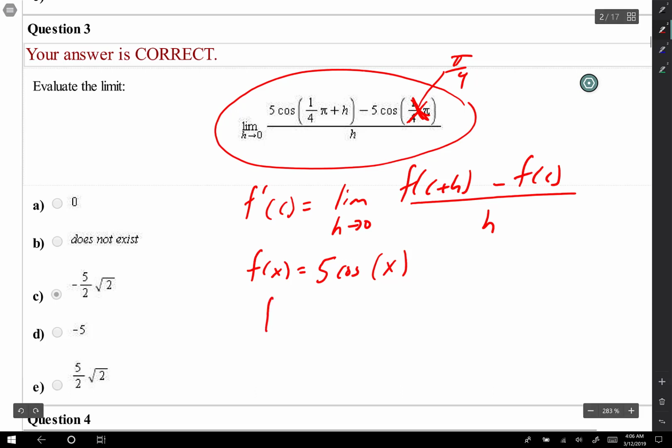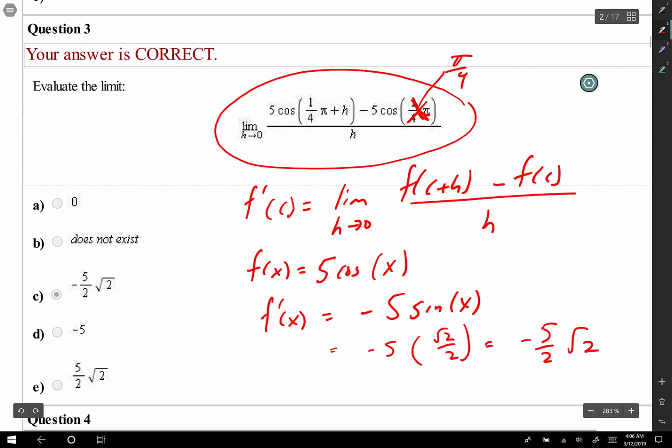So here we go, the derivative: negative 5 sine x. I hope I didn't make any mistakes. It doesn't look like it. Negative 5, and then sine of pi over 4 is square root of 2 over 2. So negative 5 over 2 with a square root of 2 on the side.